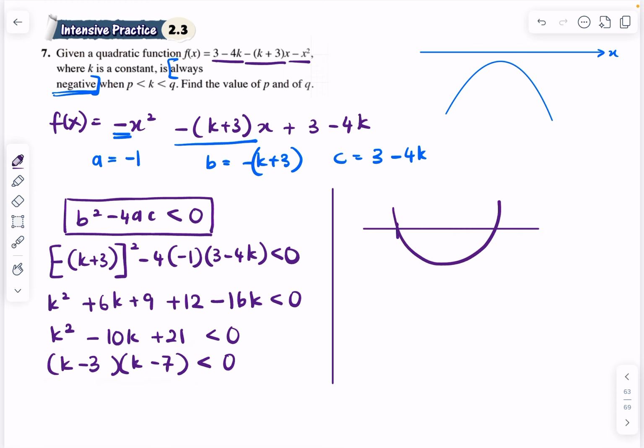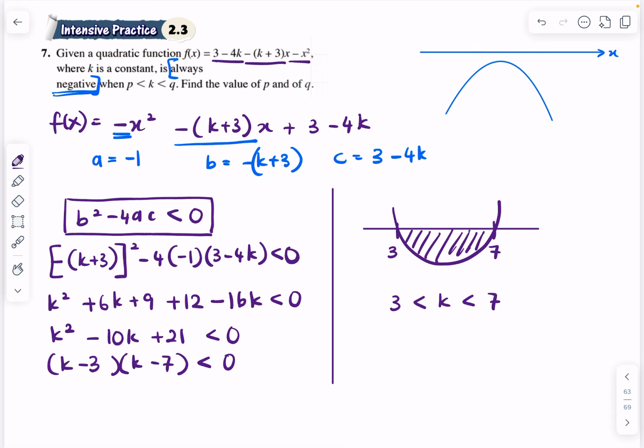Then you label your roots. So the roots are 3 and 7. So here it says less than 0. So this is 0. Less than 0 means we must shade here. Therefore, k is between 3 and 7.